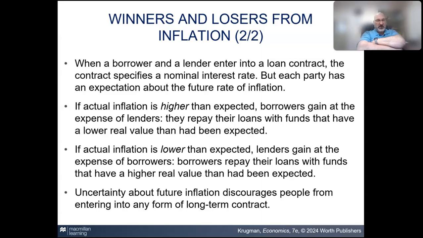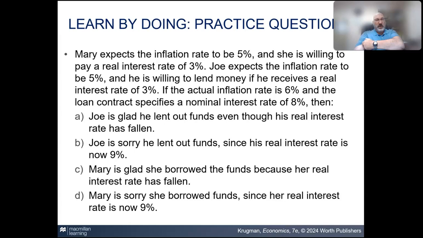That uncertainty about future inflation discourages people from entering into long-term contracts. Although right now, some entities are issuing what they call millennium debt. It is 100-year bonds. To me, that is insane. But they are doing it. Hey, more power to you.